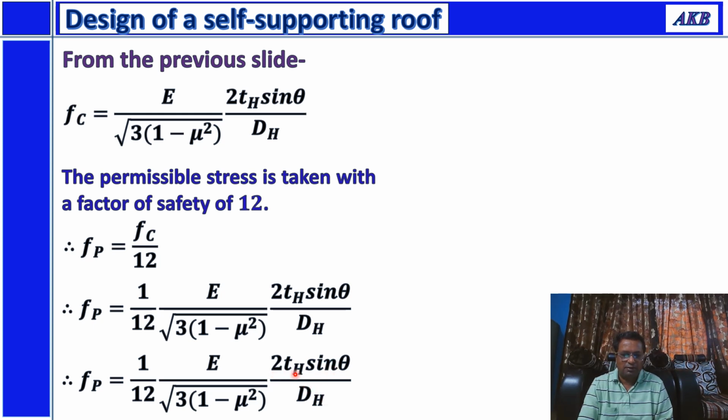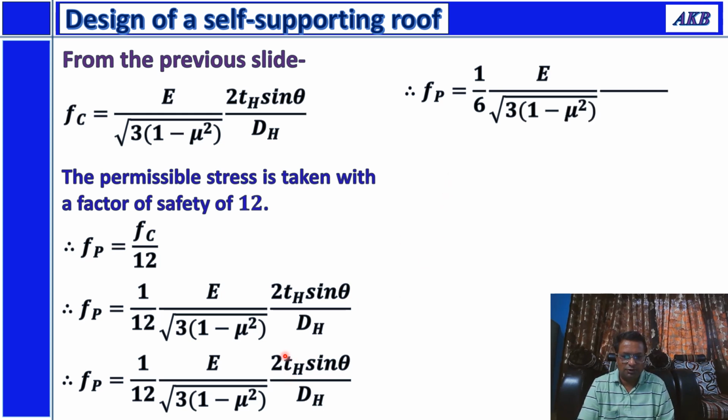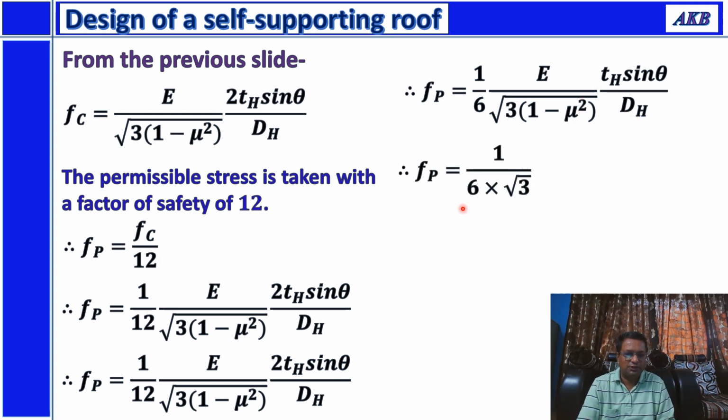So we will simplify this. Now how is it done? 2 ones are 2, and 2 sixes are 12. So I have done that. Therefore the permissible stress will be 1 upon 6 into E upon under root of 3 into 1 minus mu square into Th sin theta upon dH. If you simplify this further, Fp is equal to 1 upon 6 into square root of 3.